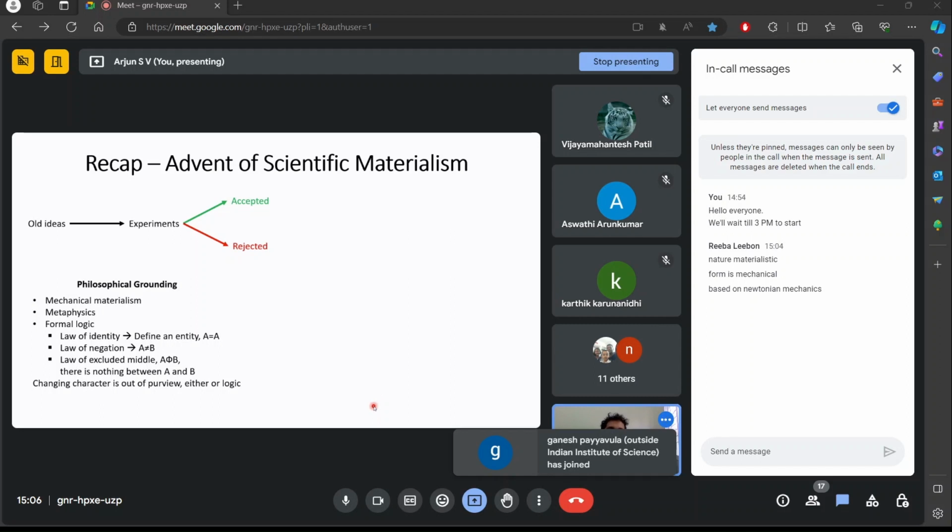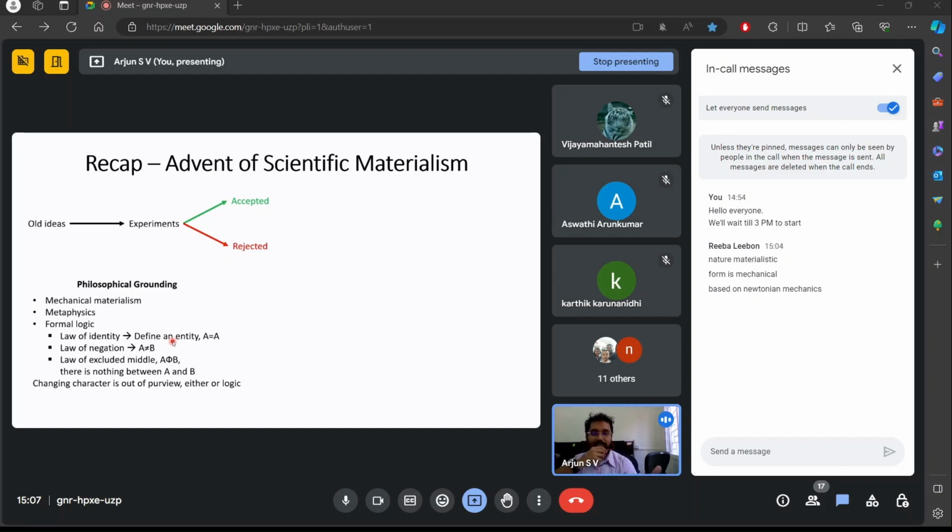And the third and final pillar of the philosophical grounding of the early forms of modern science was formal logic. Formal logic had three major laws: the law of identity, the law of negation, and the law of excluded middle. The law of identity almost follows metaphysics. An entity is always defined, and that is that.